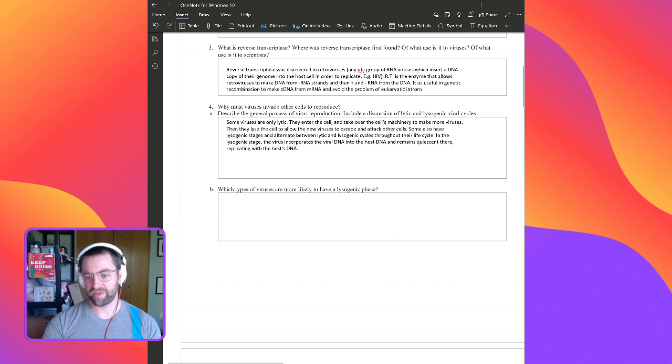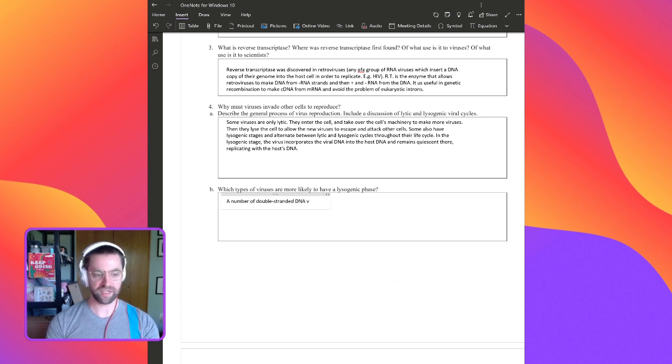Part B, which type of viruses are more likely to have a lysogenic phase? So this is going back to that classification question.